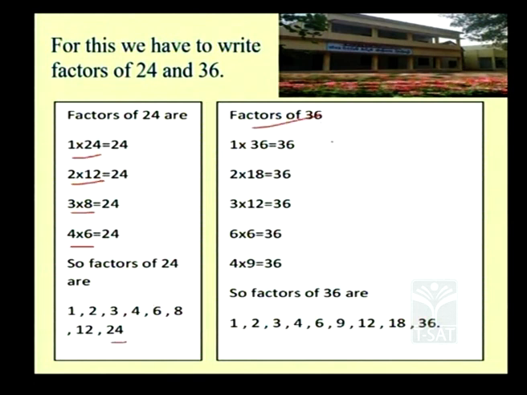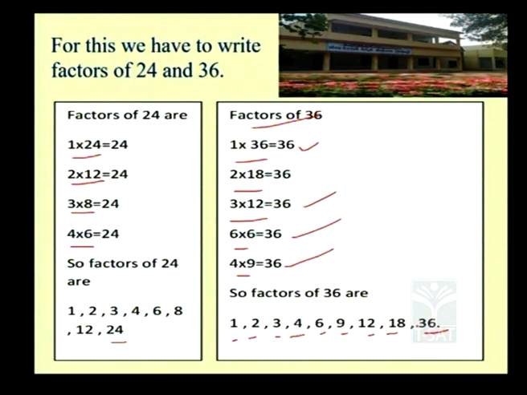Like that, for 36: 1 into 36 is 36, 2 into 18 is 36, 3 into 12 is 36, 6 into 6 is 36 and 4 into 9 is 36. So, the factors are 1, 2, 3, 4, 6, 9, 12, 18 and 36 itself.